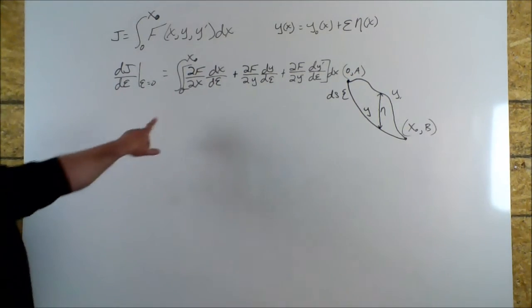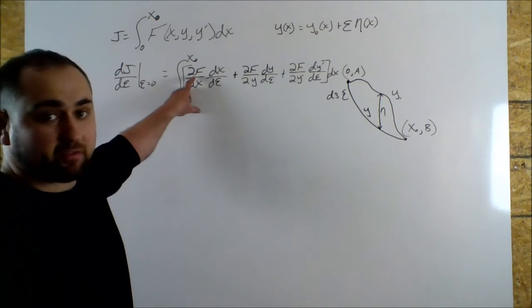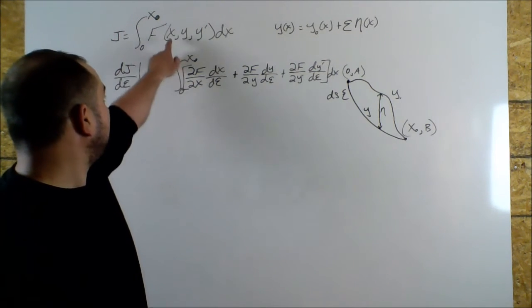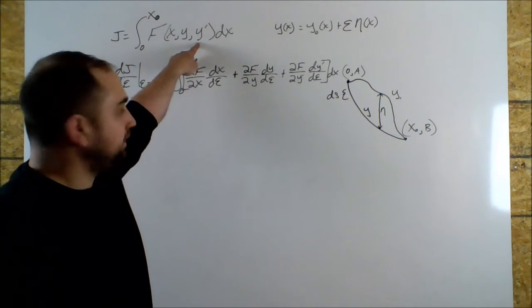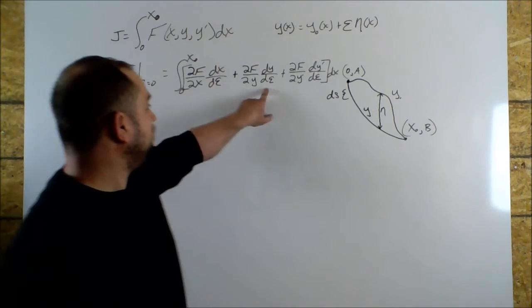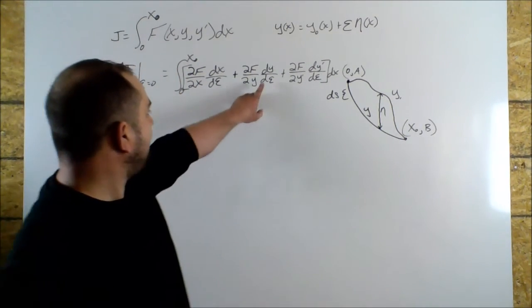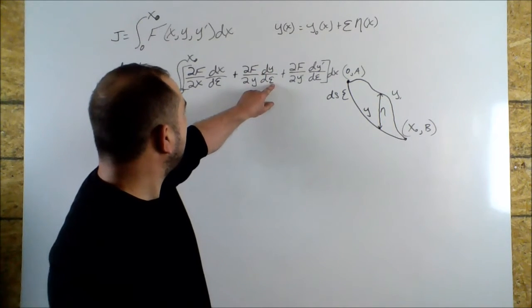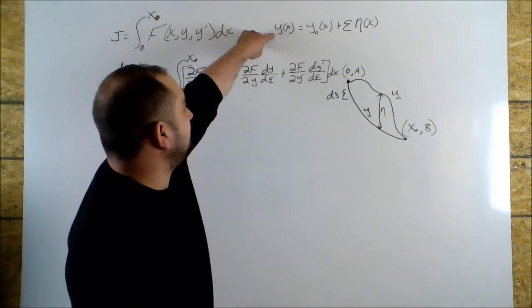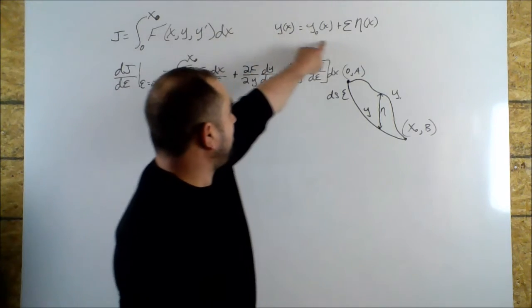Okay, so here all I've done is differentiate f with respect to each term in f, and then applied the chain rule.